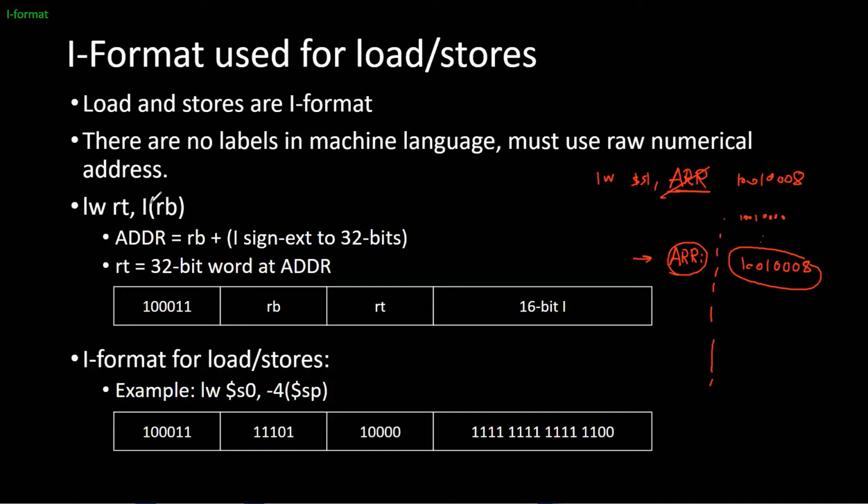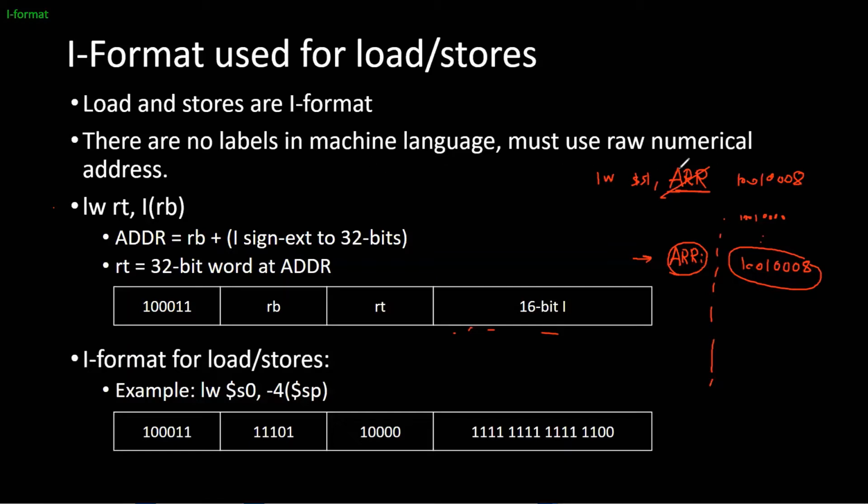So here we're going to see an example of offsets first. When you are doing a load word, first of all, that's the I format. That means you have 16 bits here, right? So that 16 bits can take a number. Let's look at this instruction specifically. We said there were different cases, right?